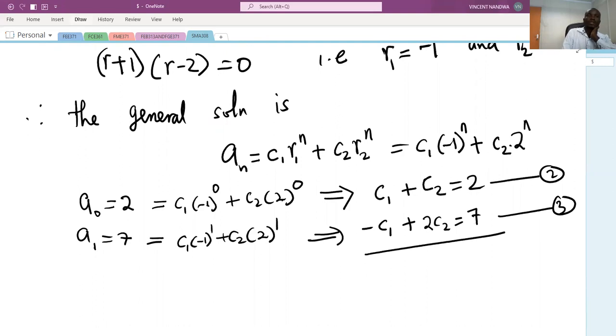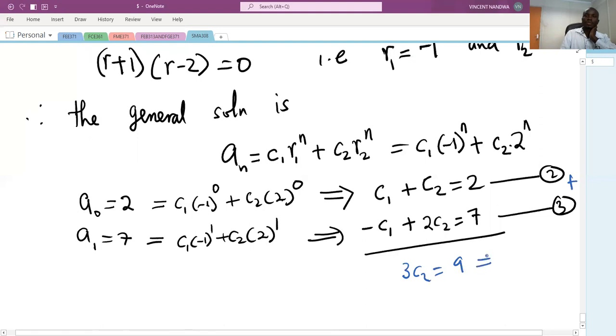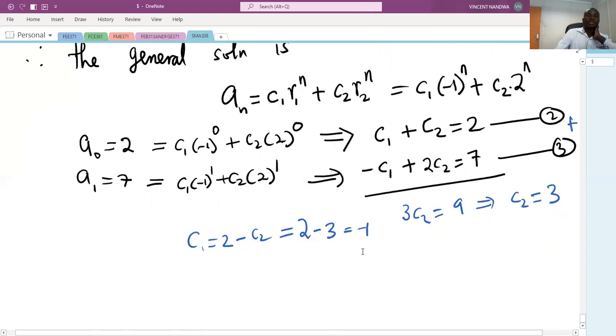The easiest way to solve this one is to use elimination. By adding these two equations, we'll get 3c2 equals 9, which means c2 is 3. So from 1, c1 is 2 minus c2, which will be 2 minus 3. Therefore, the value of c1 is negative 1 and the value of c2 is positive 3.